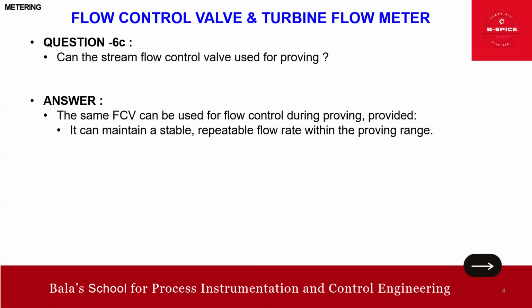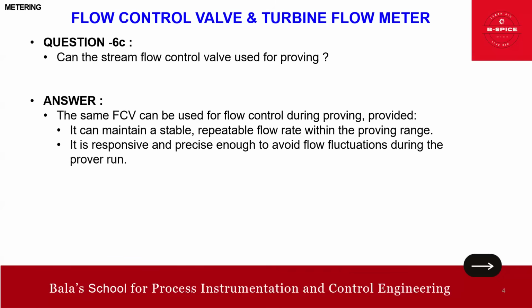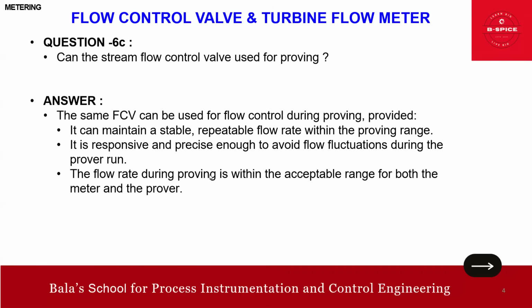Also it is responsive and precise enough to avoid flow fluctuation during the prover run. Third, the flow rate during proving is within the acceptable range for both the meter and prover. If these conditions are met, then you can use this, friends.